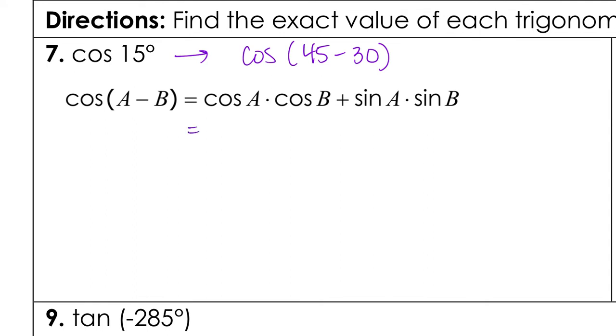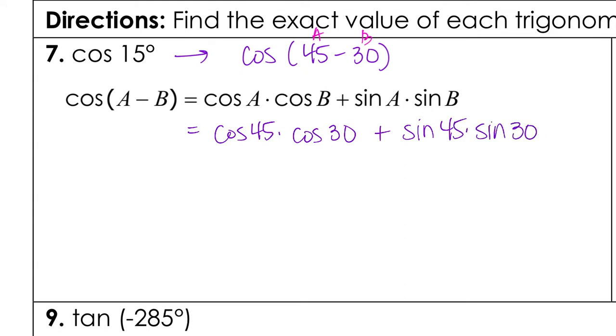So we would write cosine, and remember A and B just stand for our angles. Cosine of 45 times cosine of 30 plus sine of 45 times sine of 30. Now, each one of these 4 ratios has an exact value that we can find from the unit circle. I know for a fact that cosine of 45 is square root of 2 over 2, and so is sine of 45.